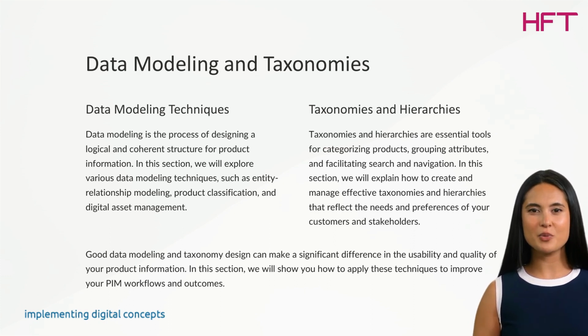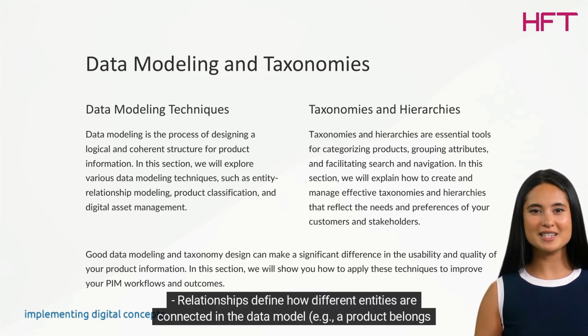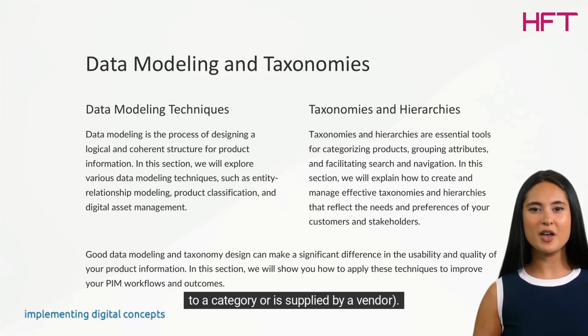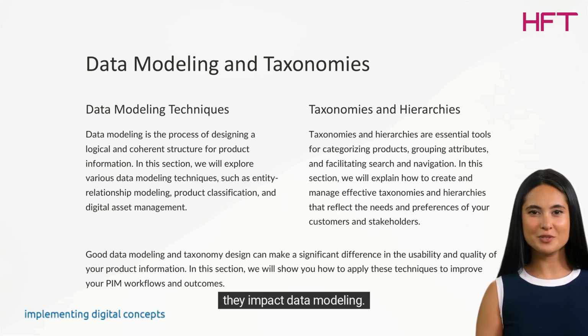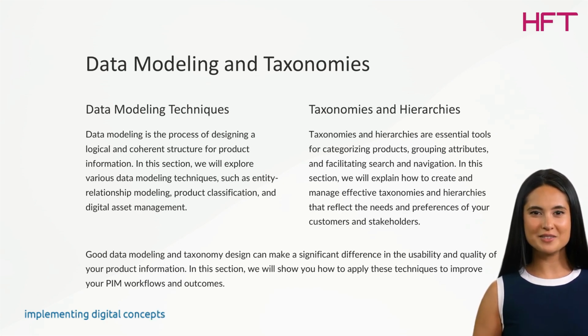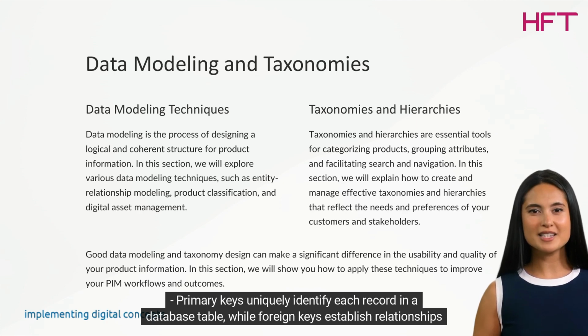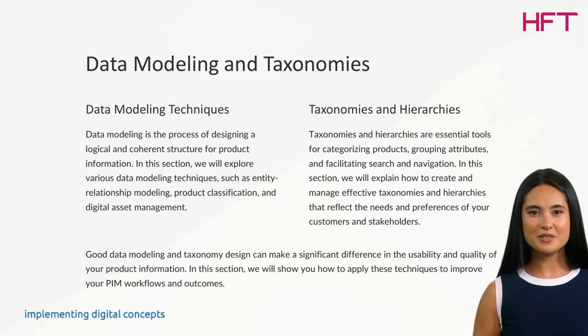Relationships. Relationships define how different entities are connected in the data model, e.g., a product belongs to a category or is supplied by a vendor. Learn about relationship types like one-to-one, one-to-many, and many-to-many, and understand how they impact data modeling. Keys. Primary keys uniquely identify each record in a database table, while foreign keys establish relationships between tables.